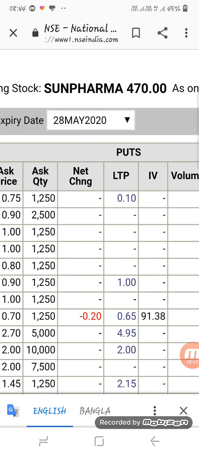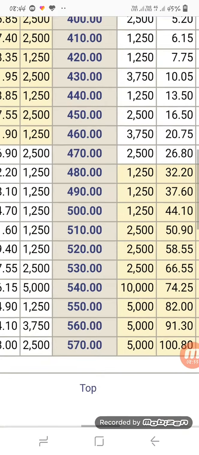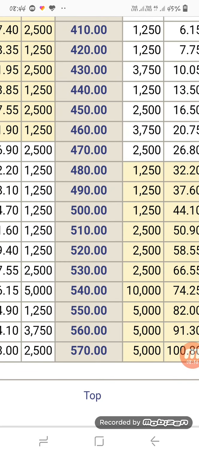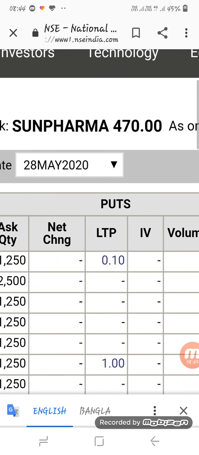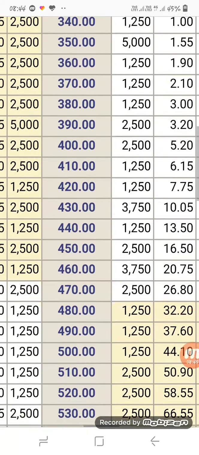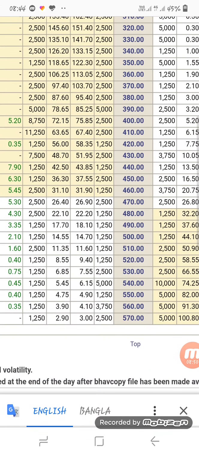So we can select this contract: 470 is the spot price, and within 28th May 2020 this 470 will increase to 500. In the cash segment, we had to pay 470, and if it increased to 500, the profit would have been around 30 rupees. But as I told you, if we had 5000 rupees, we could have bought only 10 shares.